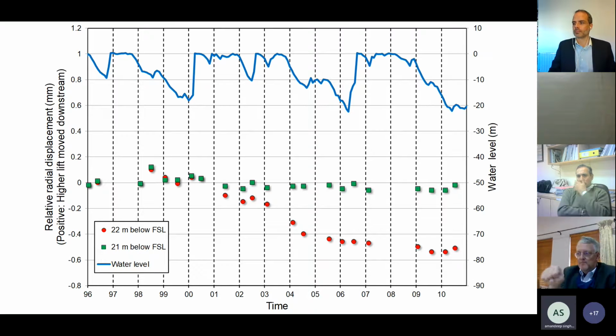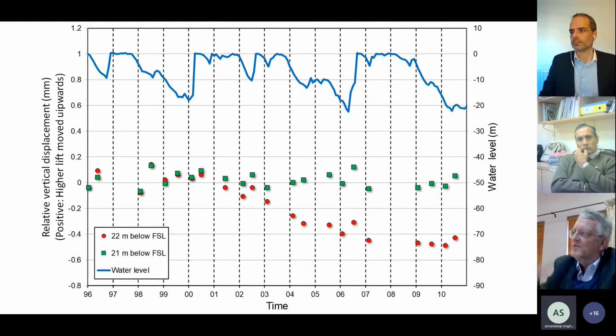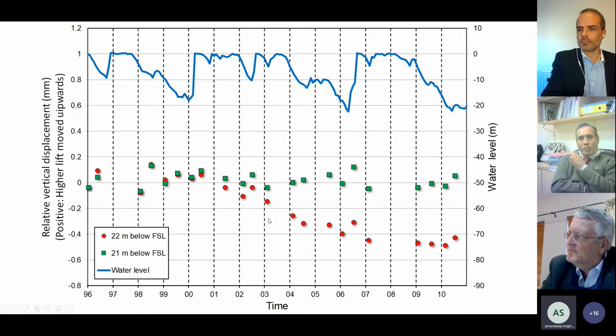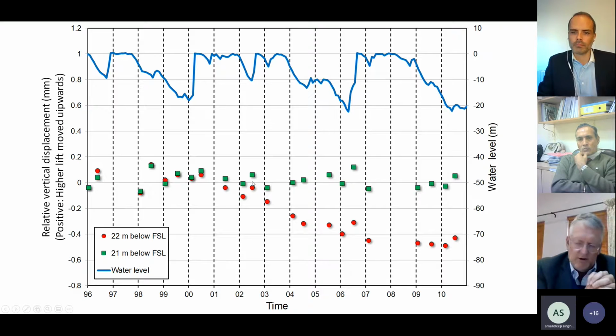The whole joint opened up, and you can also see the vertical displacement, this movement in the horizontal construction joint. So the whole structure is not a monolith anymore, and it can't handle any more swelling. The joint has opened up on the downstream side.